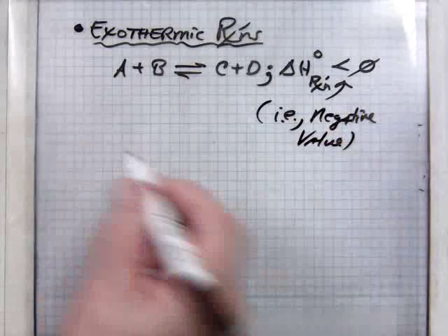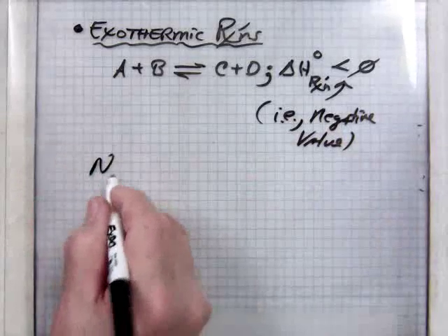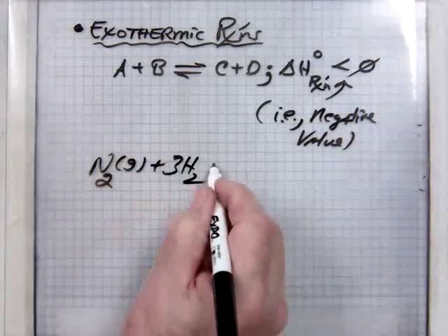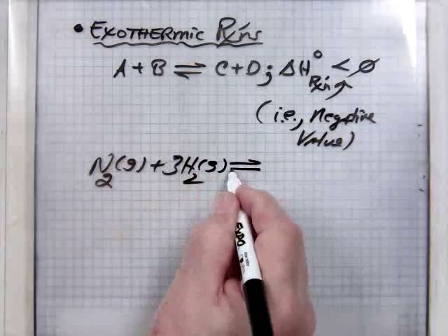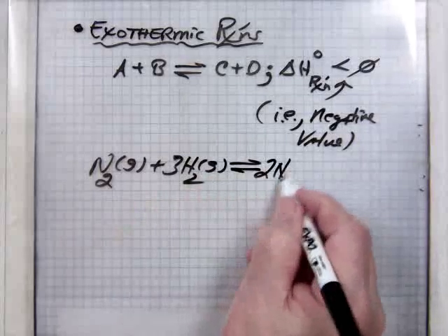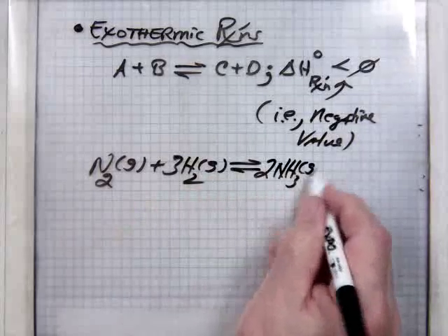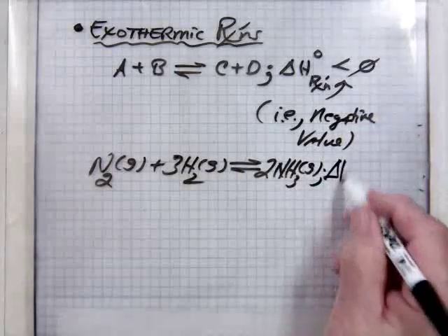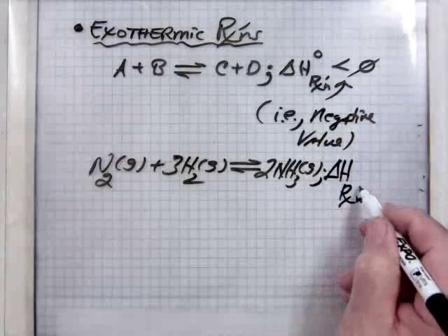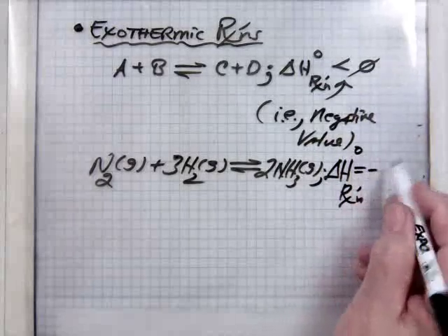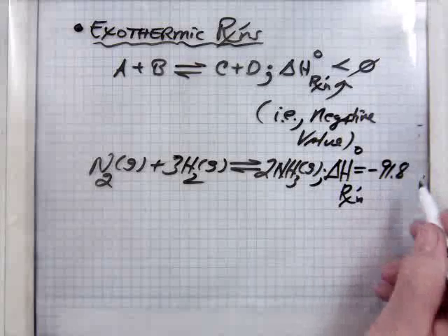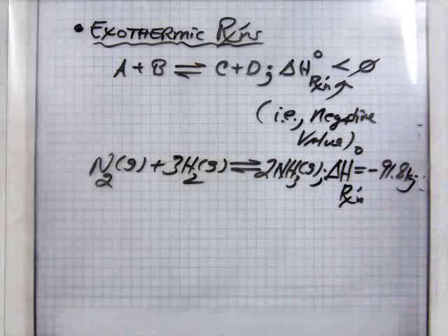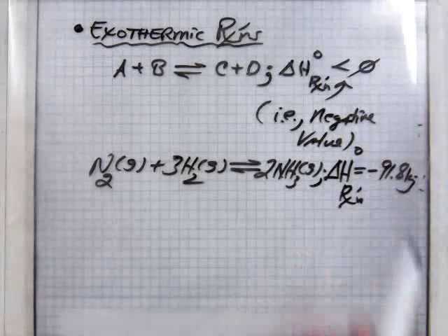An example of this would be this reaction, N2 gas plus 3H2 gas goes to 2NH3 as a gas, and delta H of the reaction is equal to minus 91.8 kilojoules. So we have to put the negative in to indicate that.